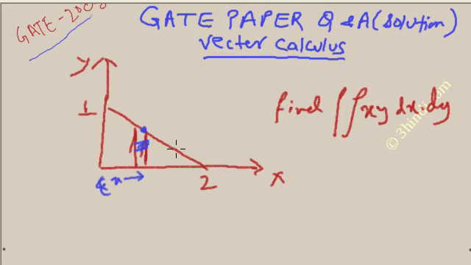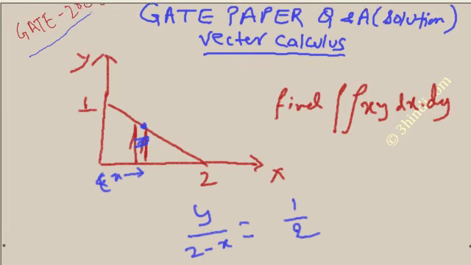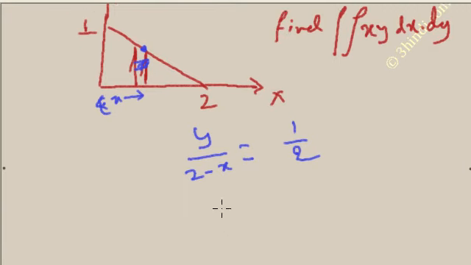See the slope. If the height is y, then y divided by 2 minus x is equal to 1 by 2, because this is 1 and this is 2, the same slope. So you can write y is equal to 2 minus x by 2.